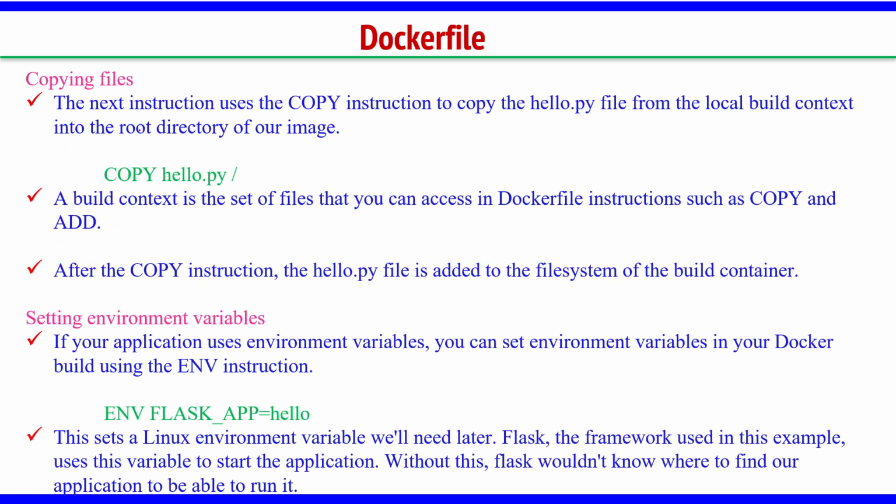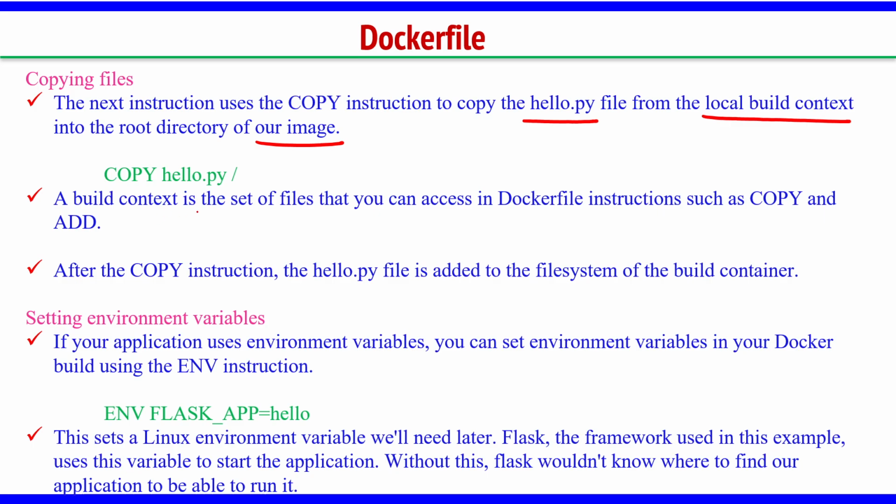The next instruction uses the copy instruction to copy the hello.py file from the local build context into the root directory of our image. I might have written the Python in my local machine somewhere in some folder. Now, I want to copy that into my image. So, for that I am using copy hello.py /.